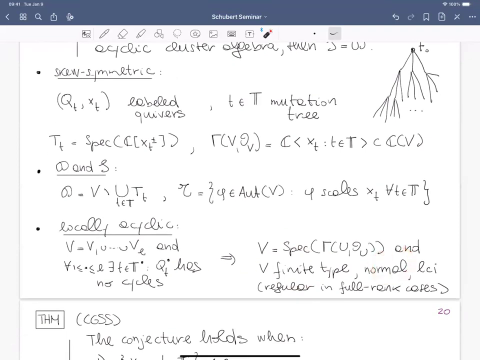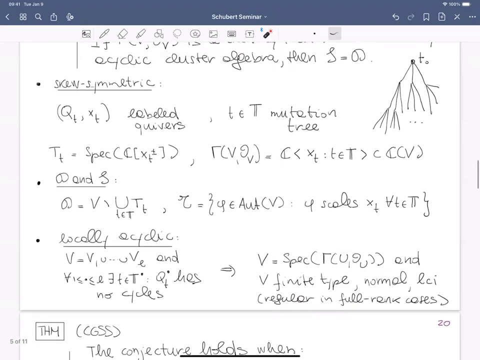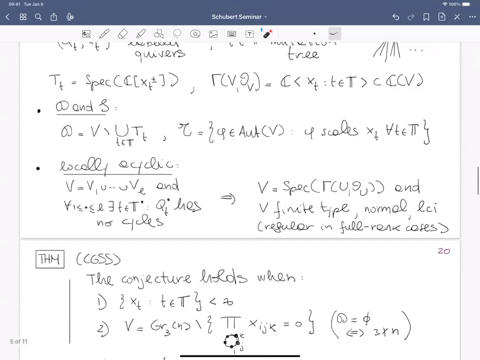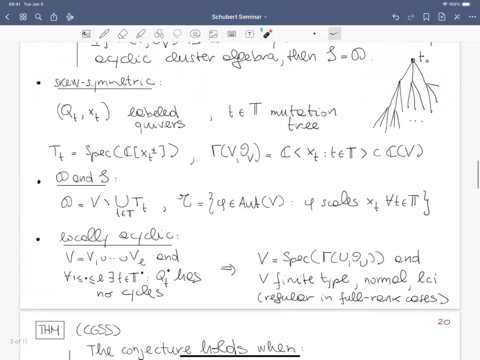It turns out to be normal, and in fact a local complete intersection, and it's also pretty nice to work out a criterion for when it's a regular scheme. And we have some counterexamples to the conjecture without this technical assumption.